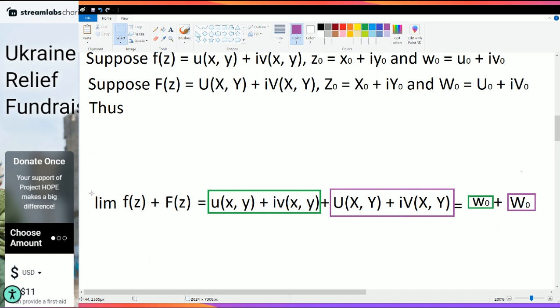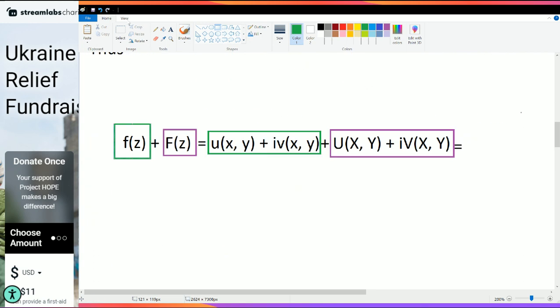Actually, I don't think this is right. I don't think that is right. Okay. I've been working at this for almost an hour.